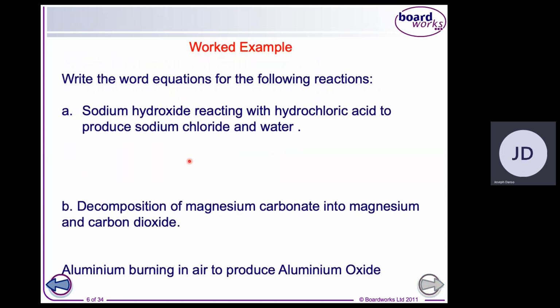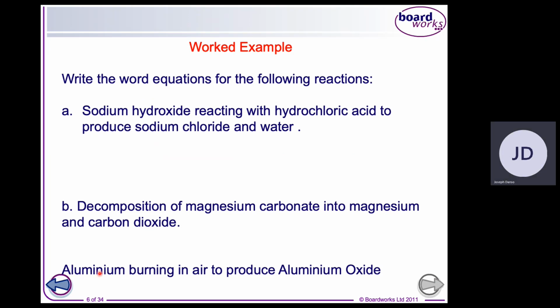Okay. Another example here. Write the word equations for the following reactions. A, sodium hydroxide reacting with hydrochloric acid to produce sodium chloride and water. B, decomposition of magnesium carbonate into magnesium oxide and carbon dioxide.